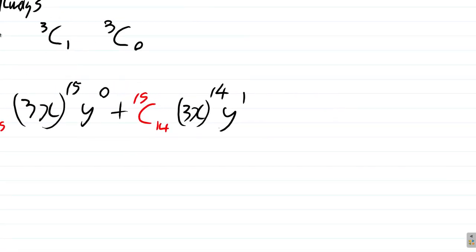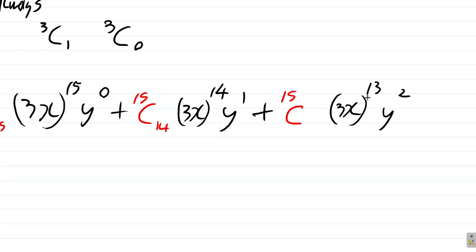You see that? Plus, then the 3x power will drop down one more, going to 13, and the y power will rise up one more, going to 2. Right, and the powers keep adding to 15. The coefficient here will be 15 items to arrange, that's 13 3x's and 2 y's, combination 13.